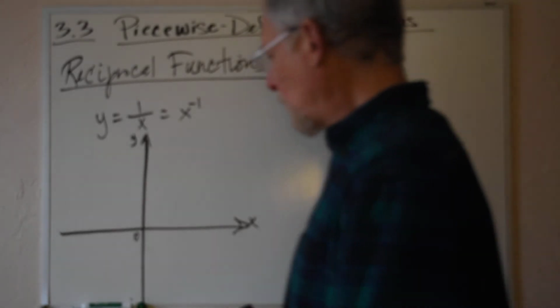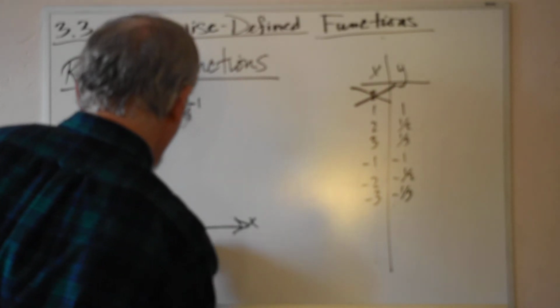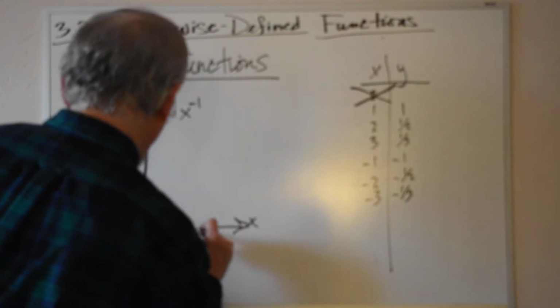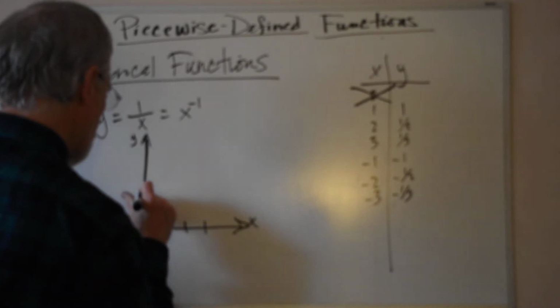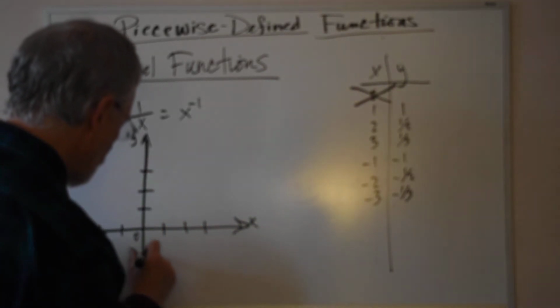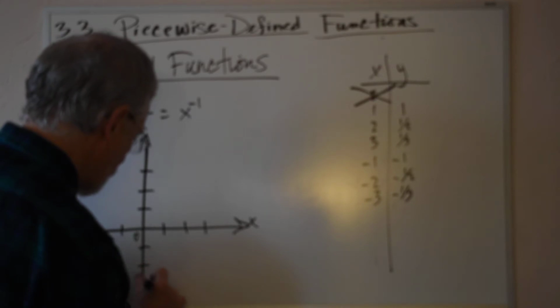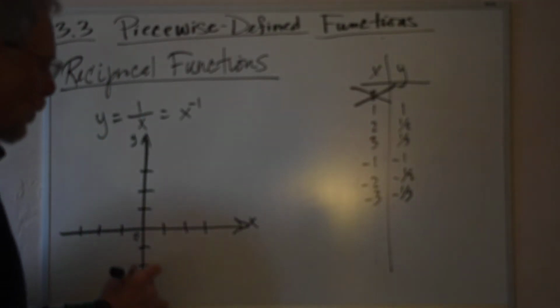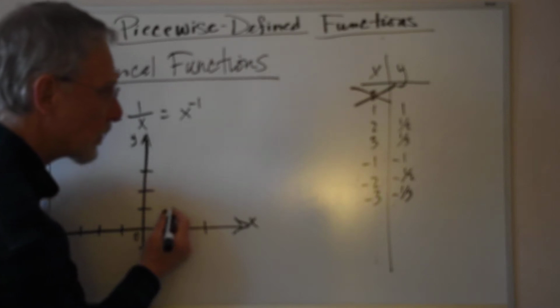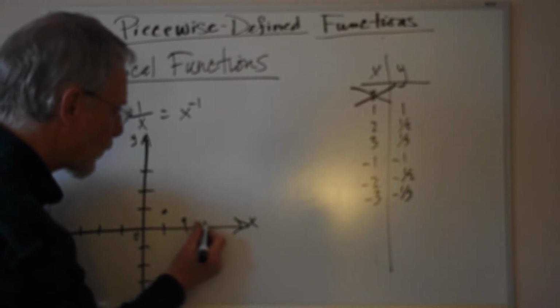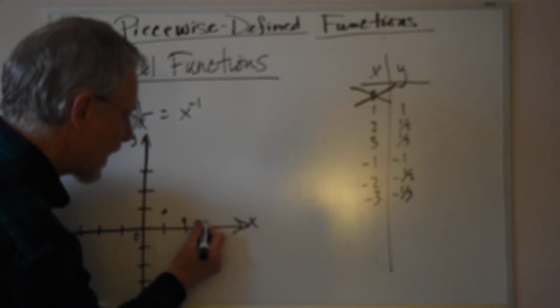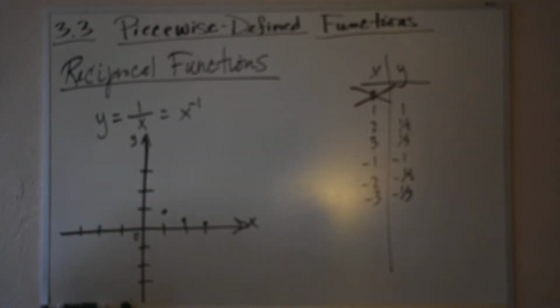All right, that gives me a bunch of points to plot. 1, 1, 2, 1/2, 3, 1/3. And already we see a pattern.